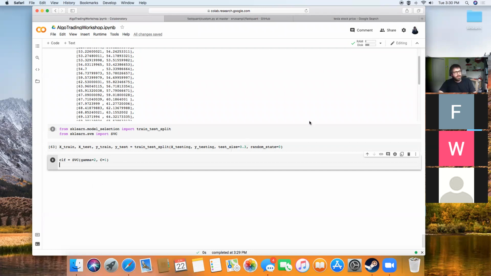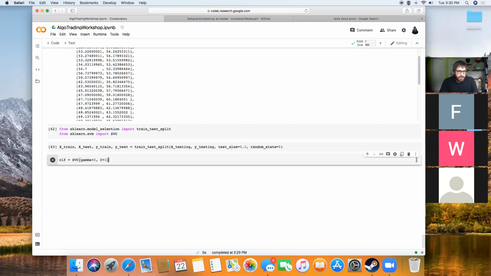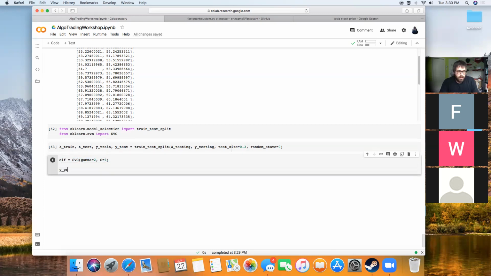Okay, so using it will be very similar to everything else, because it uses the same input and the same output for everything. It will just be specifying a different classifier here for CLF. So now I can basically get all the predictions directly.